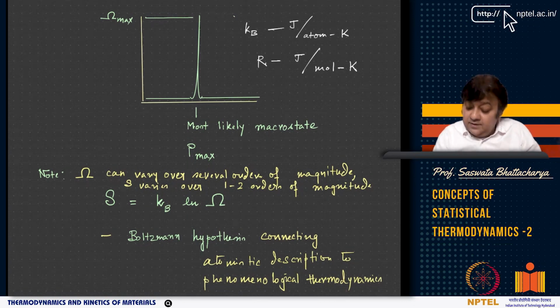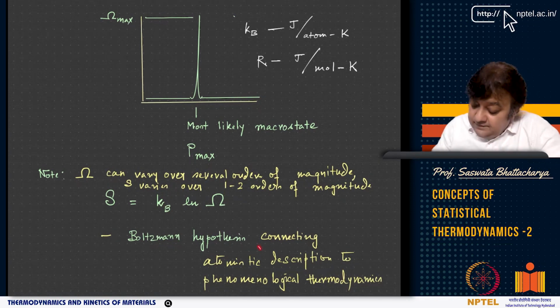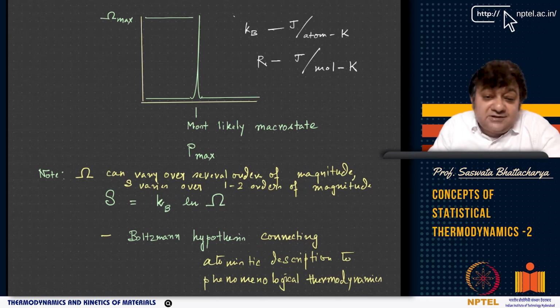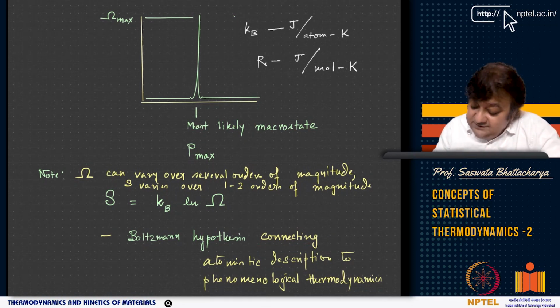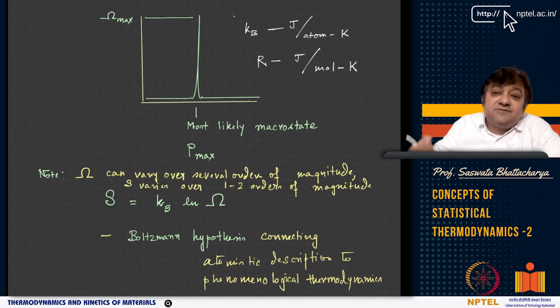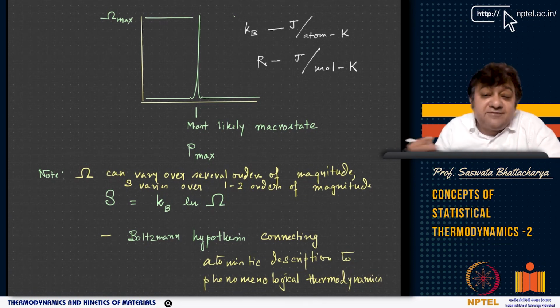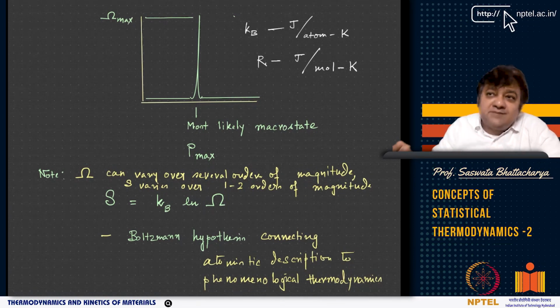Think about it. Boltzmann's hypothesis, as you can see, is one of the most brilliant hypotheses that you can have, and it connects the atomistic description of matter in terms of particles. Particles can be atoms, fermions, or bosons. This atomistic description is connected to the phenomenological thermodynamics that we study, where we have observed or perceptible quantities.